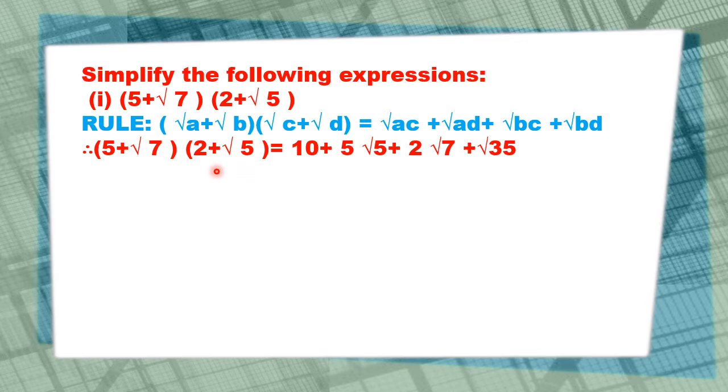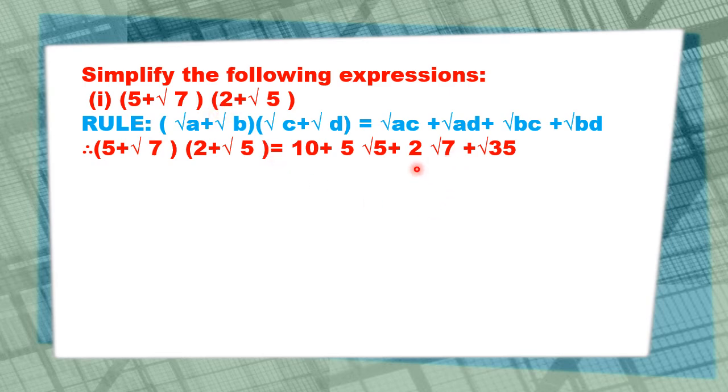The same process we carried out. First we multiplied 5 by 2, so we got 10. Then we multiplied 5 by root 5, we got 5 root 5. Now we have completed the process for 5. Now we'll do the process for root 7. We multiply root 7 by 2, we get 2 root 7.